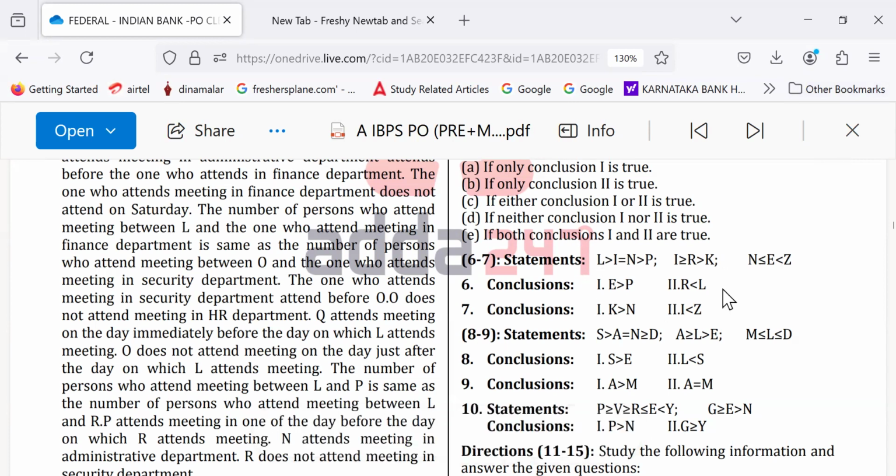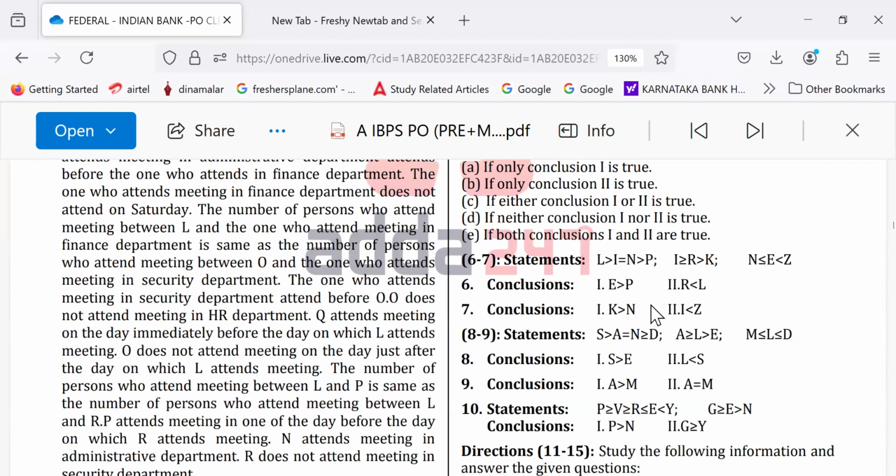What about number 2? R is less than L. How is R less than L? Sir, L is always greater than I and I is always greater than or equal to R. So L is greater than R. Very good.